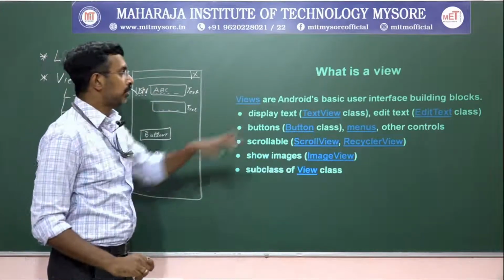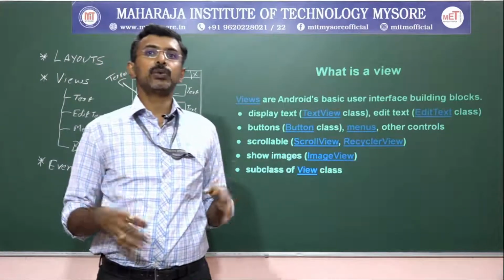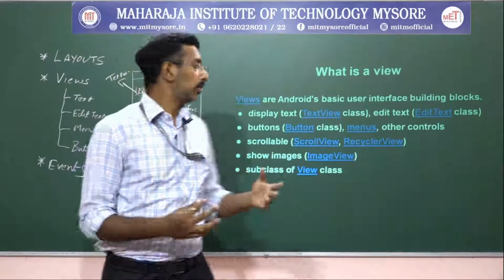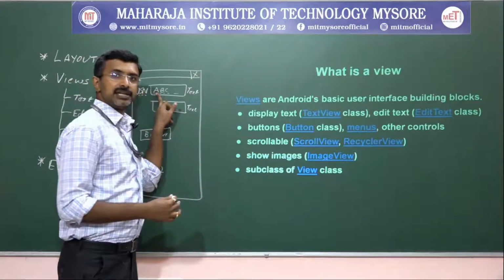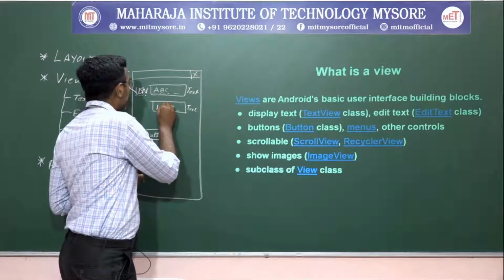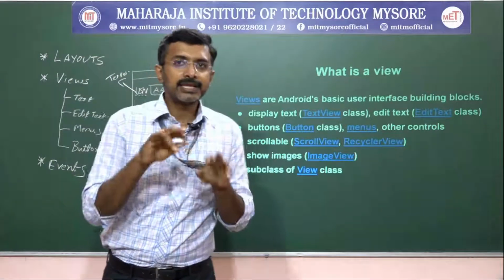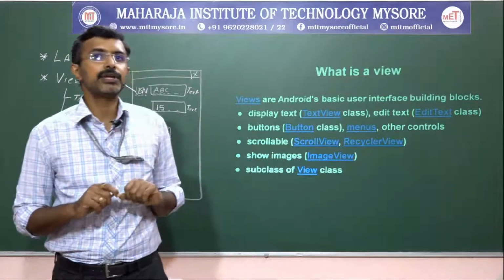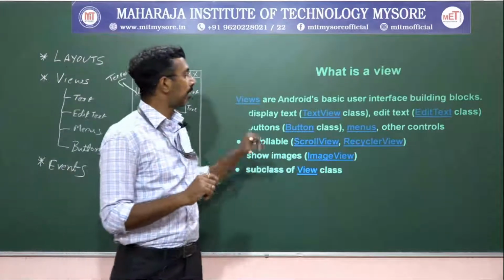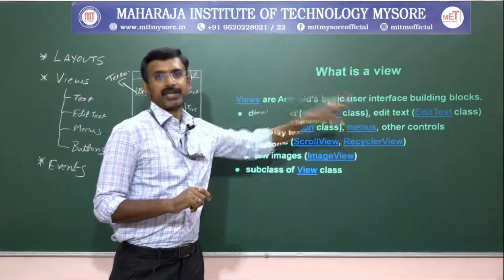Next, you have edit text. Edit text means where a user can give the input. This is the editor where there is something editable, and you call that control, that view, an edit text.